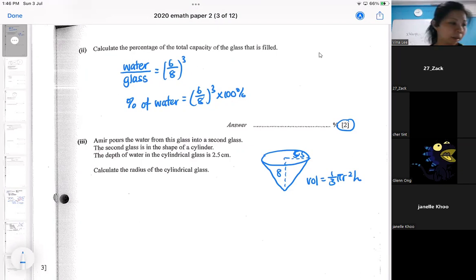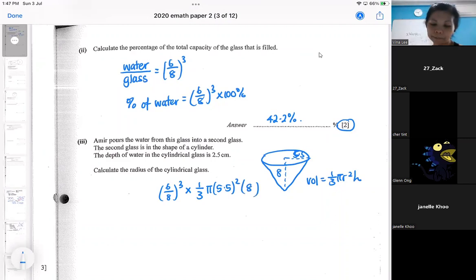It's only a certain percentage filled up. Let me get the answer for the previous part. It's only 42.2% filled up. So you calculate the full volume, then you use this ratio to calculate the amount of water. Did I calculate correctly? Is it 8? Yeah, correct, 8. So this will be the amount of water. A bit of mensuration involved, and then from there you will get this amount.